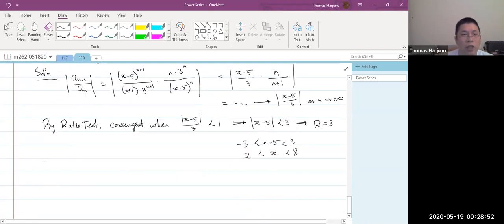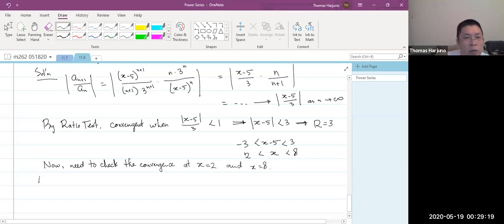Now we need to check the convergence at x equals 2 and x equals 8.